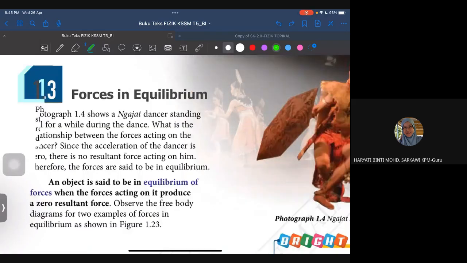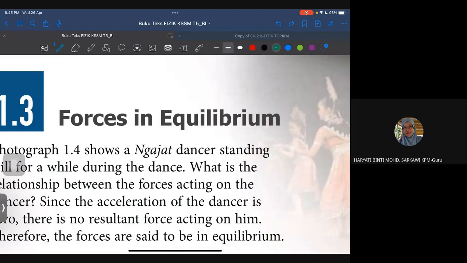So before this, we just recap. In chapter 1.1, we learned about resultant force, the first subtopic.